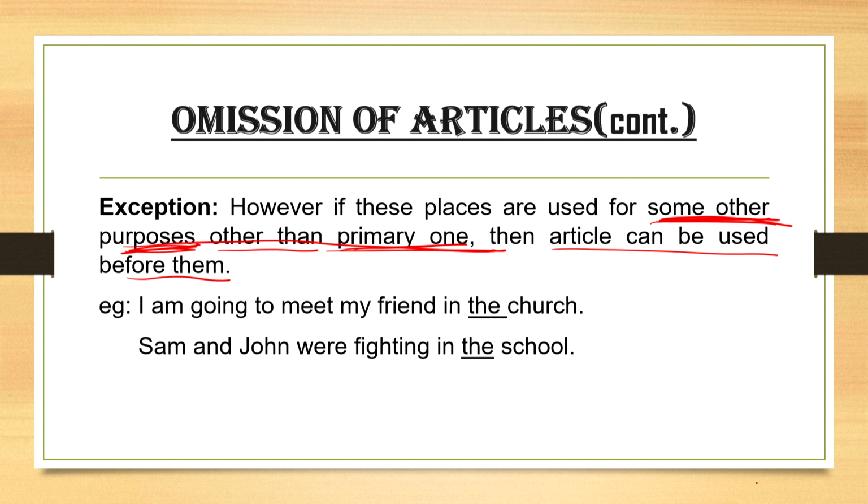So, here church is not used for its primary purpose, that is for prayers. Instead, it is used as a meeting place, hence article is used before church. Now, next example, Sam and John were fighting in the school. So, again school is not used for its primary purpose, which is studying. Instead, they are using it for fighting, and hence article is used before school.